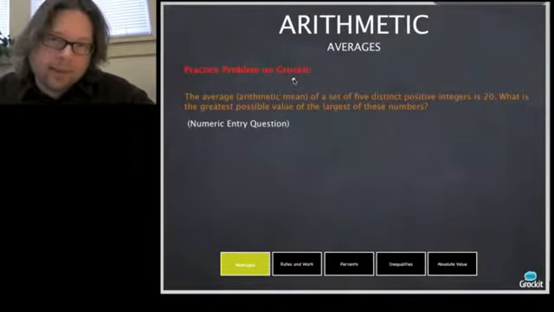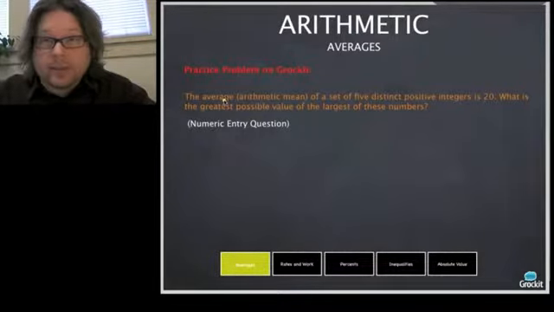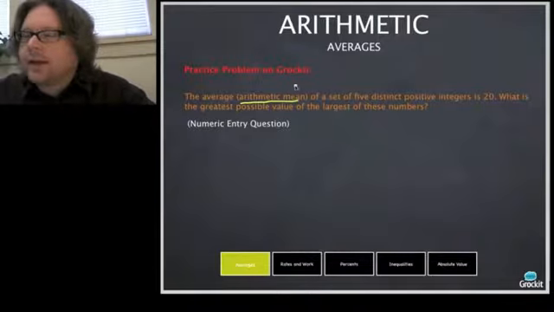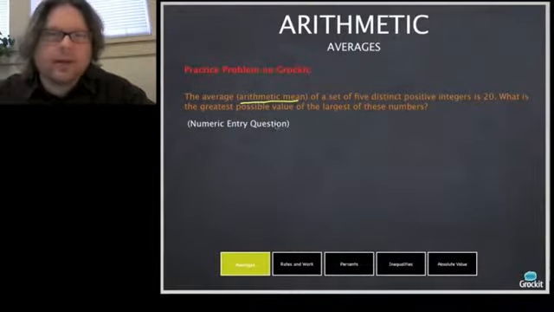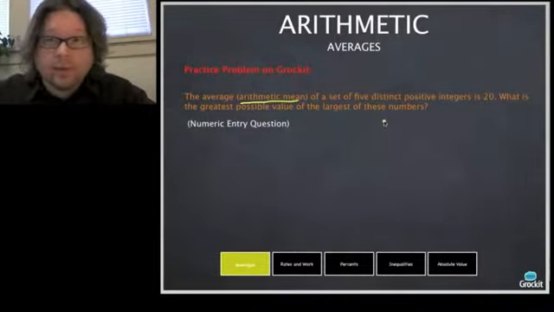So this is a more likely problem that you might get on the GRE, and of course this one is actually taken from our vast treasury of problems. So the average, aka arithmetic mean, I told you that term gets used, of a set of 5 distinct positive integers is 20. What is the greatest possible value of the largest of these numbers? So we don't know what the numbers are, but we know that they're distinct.